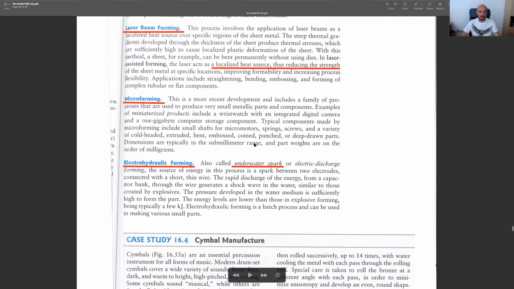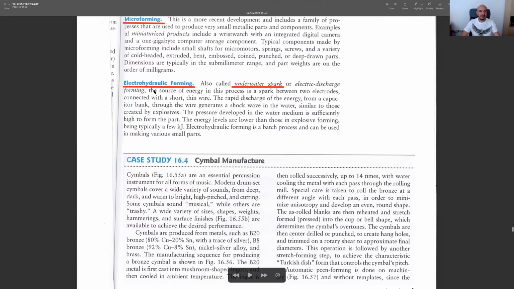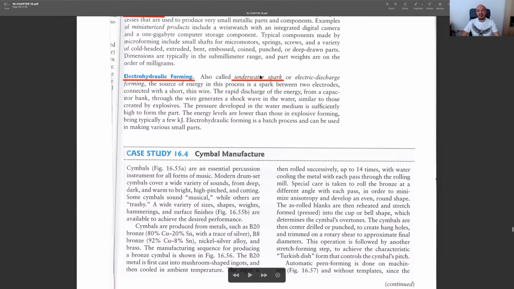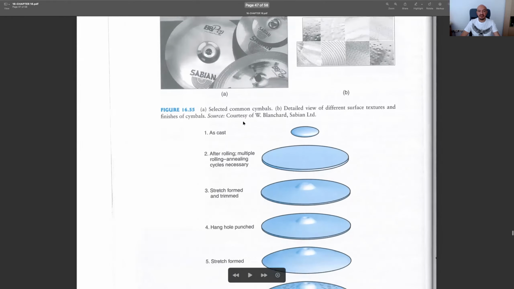If you do all these operations at micro levels, then it's simply called microforming. Then we have electrohydraulic forming. This time, instead of using explosives, we make use of sparks, as in the case of the EDM process. With the help of them, we shape the sheet metals.